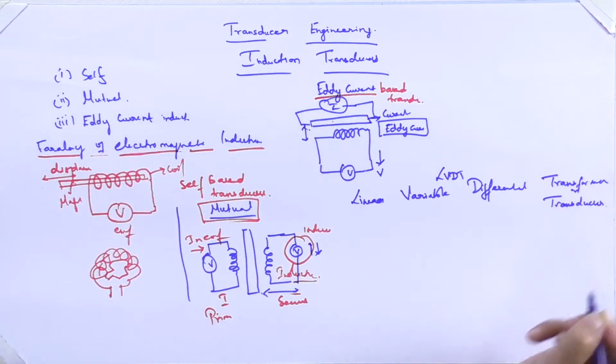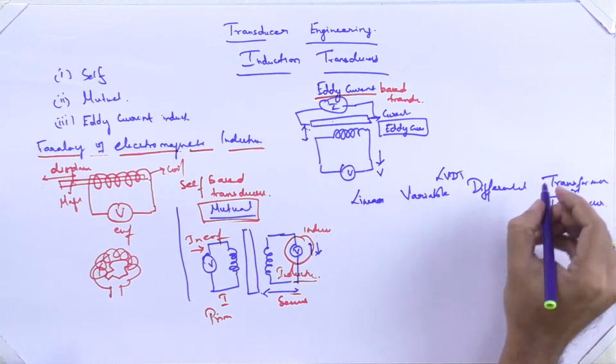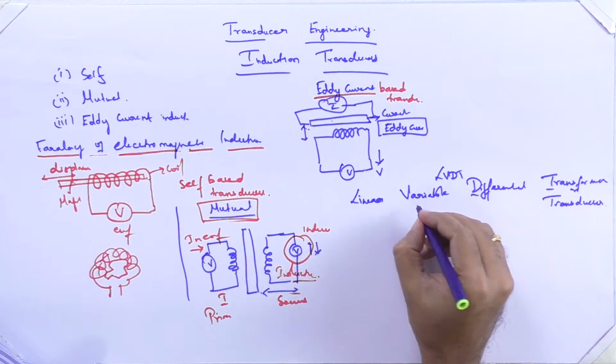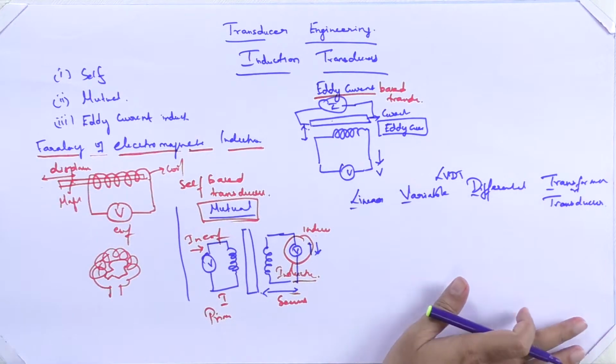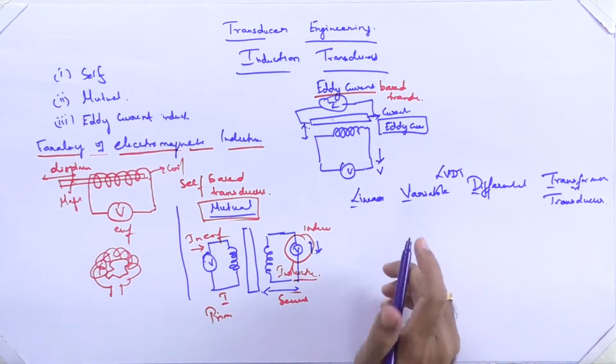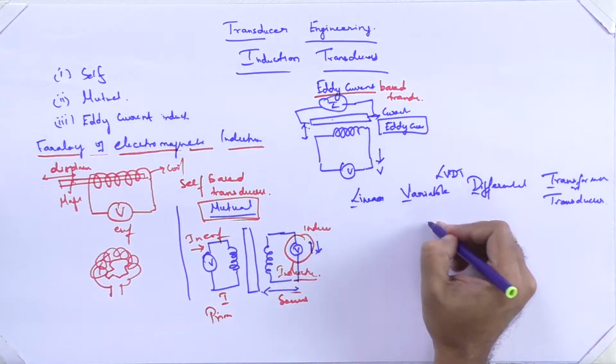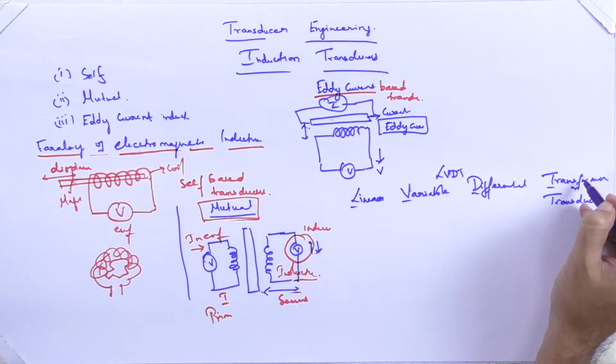Based on the working principle, it is a transformer, but it is used as a transducer. So you see, it's a huge name. It stands for linear variable differential transformer.